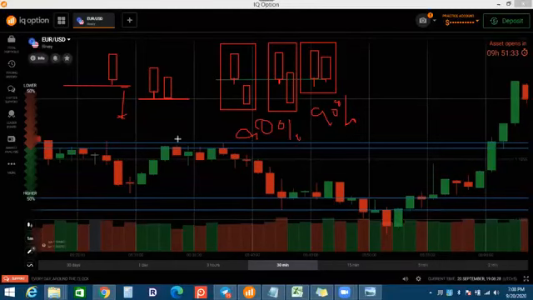So we are always looking at whether the open gap starts from the support or starts from below the resistance. So when the price is below this level, that will be called a resistance, and when the price is above the level, this level can be called a support. So these are the 10% chances.